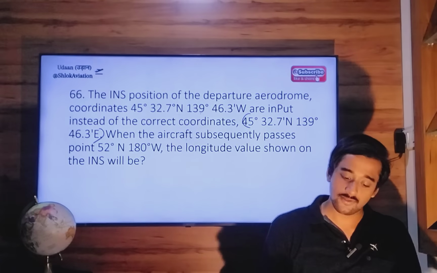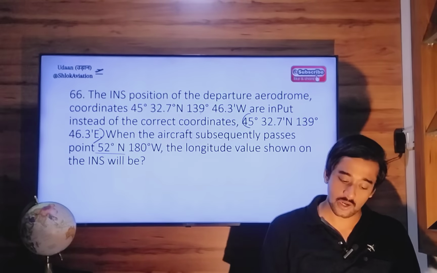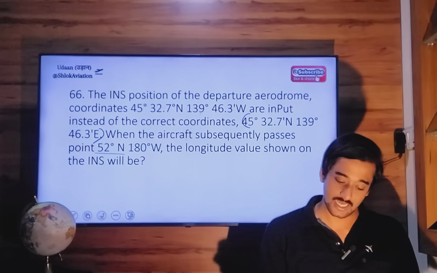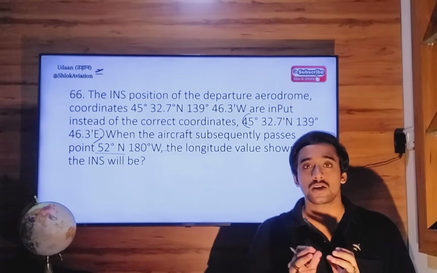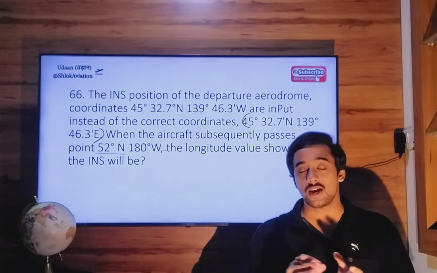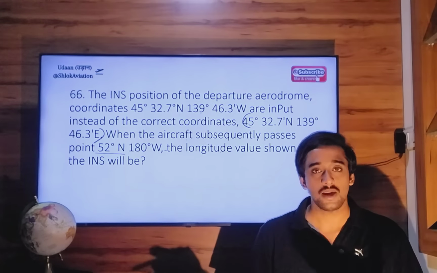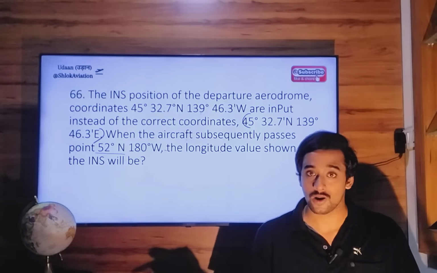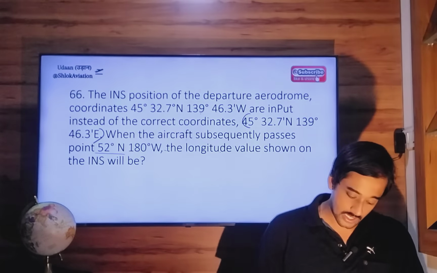Now, when your aircraft subsequently starts flying and it passes point 52 degree north, 180 degree west, what will be the longitude shown? If at the beginning you put the wrong longitude value, then as it starts flying, all the longitude values shown to you will also be wrong, correct? And it will be wrong by a fixed amount. So, what is that amount?